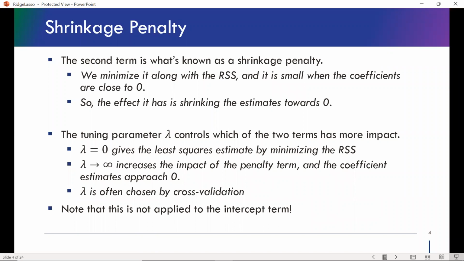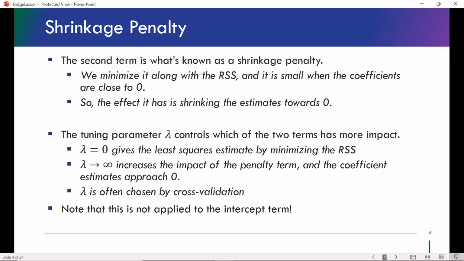When lambda equals 0, it will give the least square estimates just by minimizing the residual sum of squares. It's just what we used before for linear regression. And when lambda goes to infinity, it will increase the impact of the penalty term, right? Because the coefficients are multiplied by a bigger number, the penalty will be larger, and the coefficient estimates will approach 0.